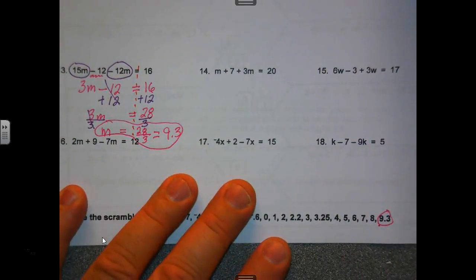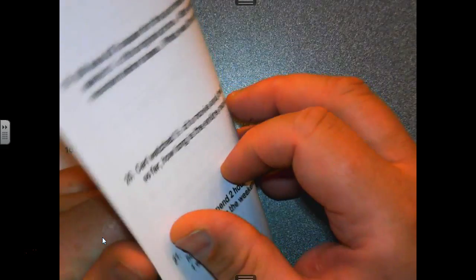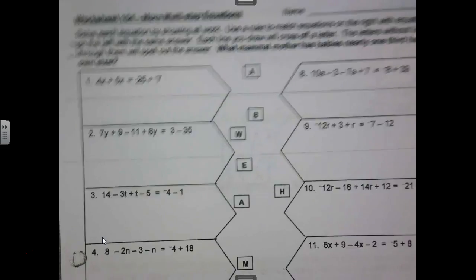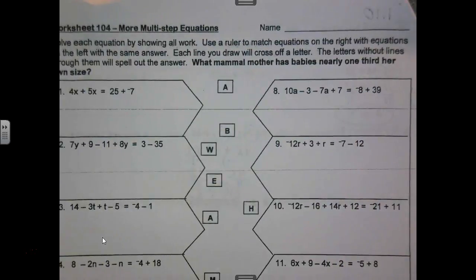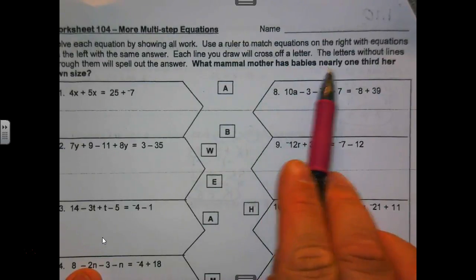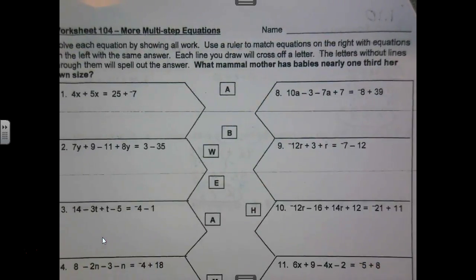How about page 2? Know how to do these puzzles? Okay, it's kind of a riddle thing. What mammal mother has babies nearly 1/3 of her own size?